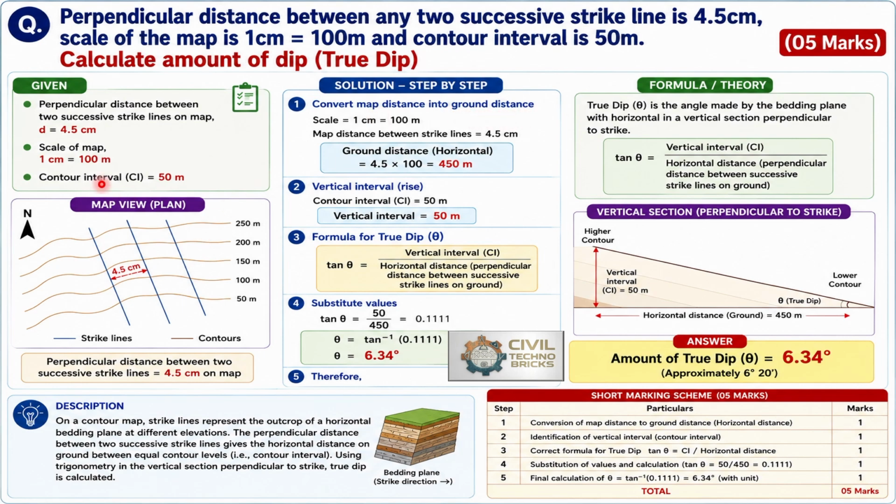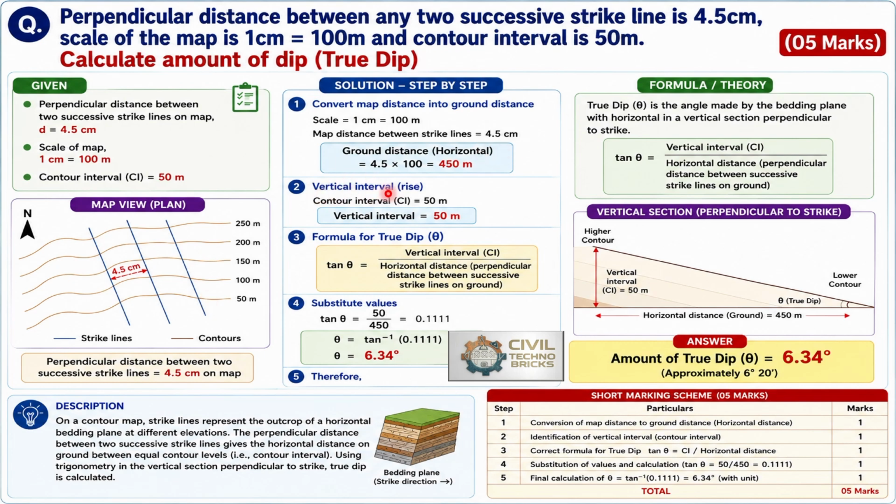We have the scale 1 centimeter equal to 100 meter, and the map distance between the strikes is 4.5 centimeter, that is small d. So ground distance is equal to 4.5 into 100, where 4.5 is small d and 100 is the scale. Likewise, 450 meter is the total area covered on the ground in the horizontal direction.